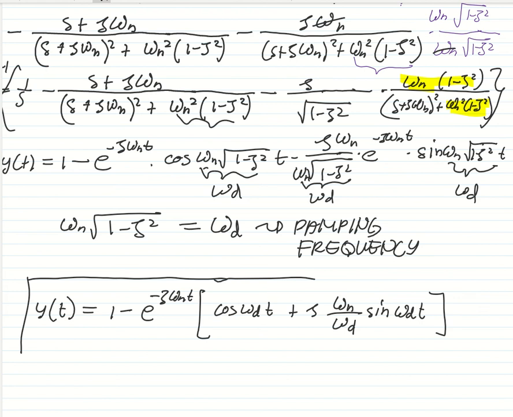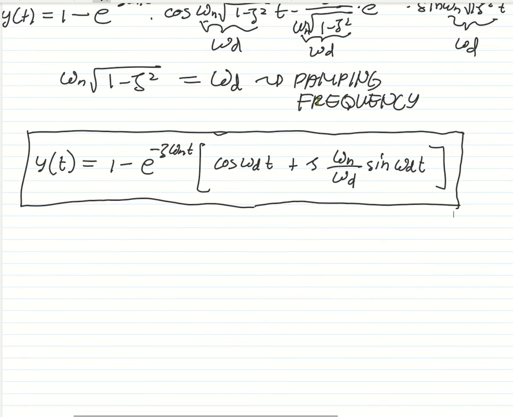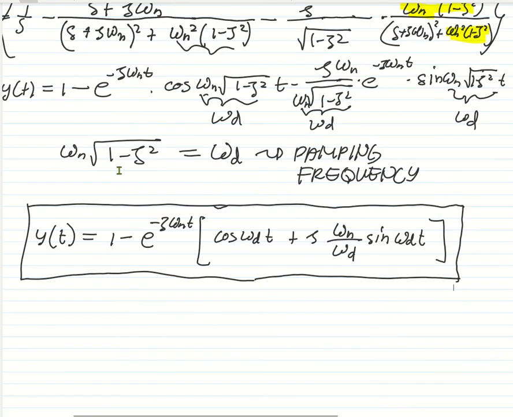We will be using this to determine the different specifications of a second order system: the rise time, the peak time, the peak overshoot, and so on. But if you look at the damping frequency, we have here a term square root of 1 minus zeta squared. So this is what happens if zeta is greater than 1.